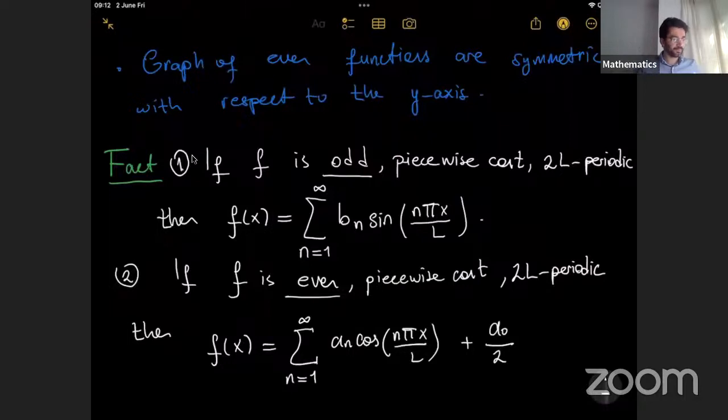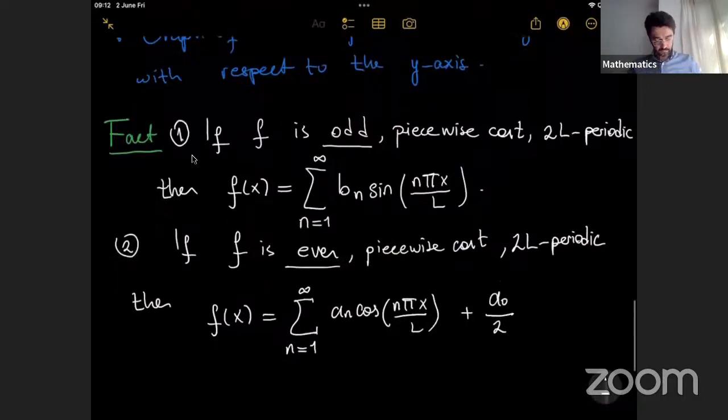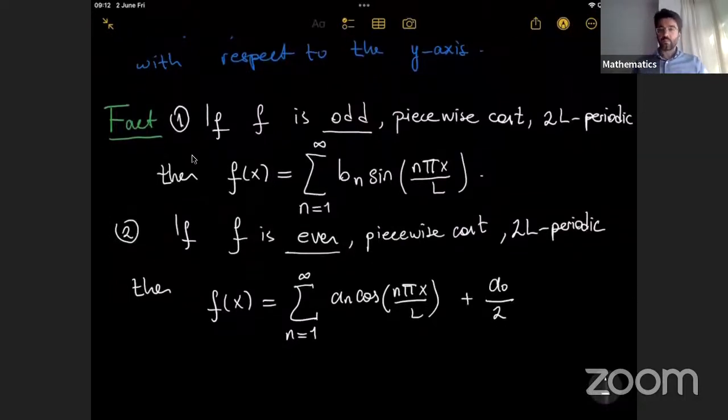Okay. This is not difficult to see. You can check the Fourier coefficients, and by the property of these even and odd functions, the integral will be 0 depending on even or odd, so you will get this result. You can easily prove these facts.